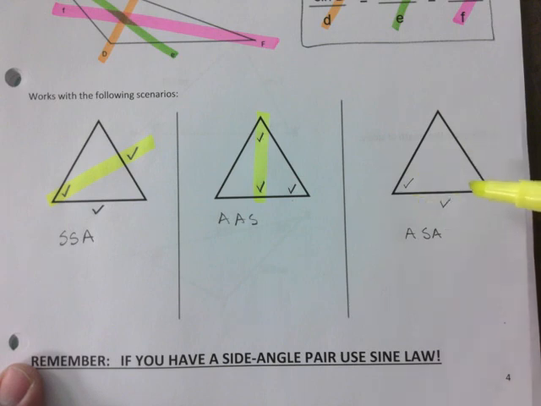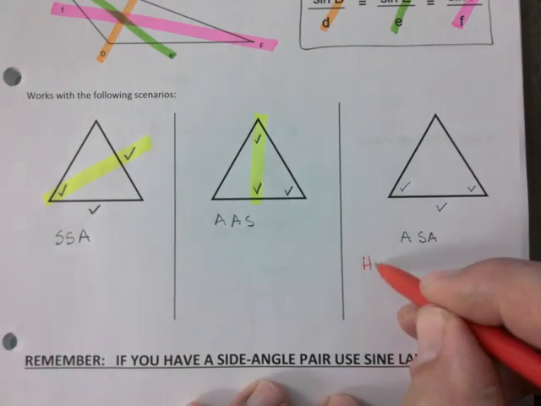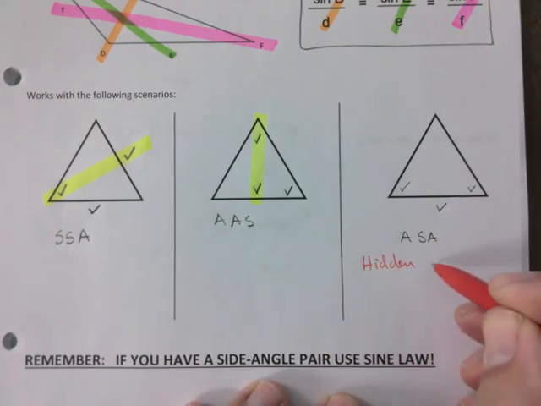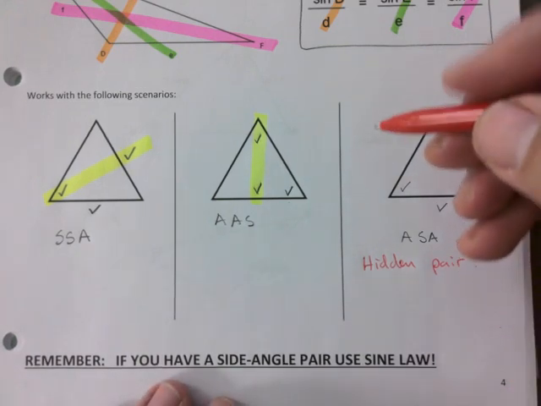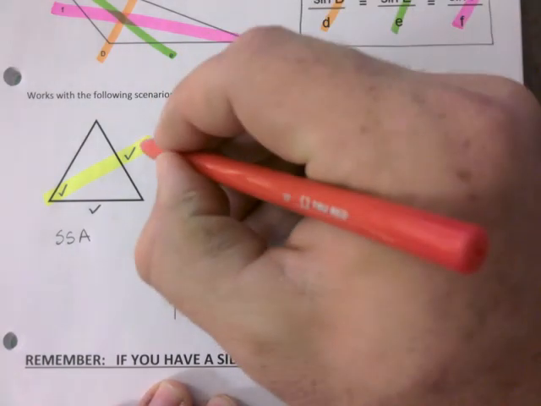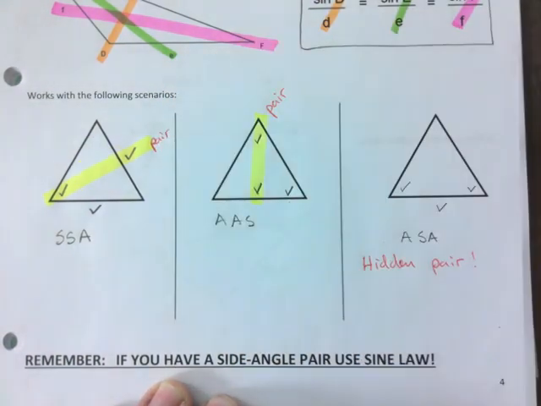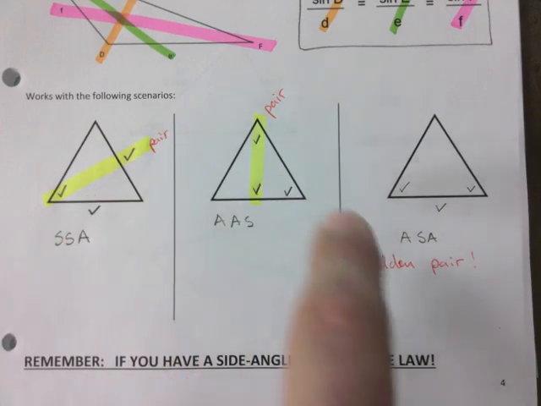It may not seem like it, but I'll call this the hidden pair. Let's put the pair over here. This one has a pair. This one has a pair. So pair, pair, hidden pair.